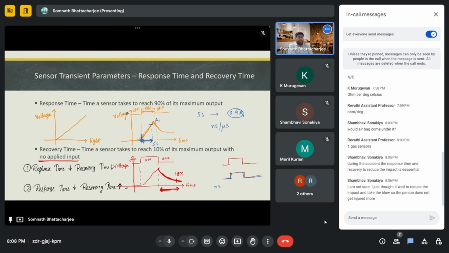Let me maybe explain this. If you are driving and there is a car nearby, you will turn on your horn. But if you are in a smart car or something, you need a sensor which can sense that and give you the response within a few seconds. If you are about to collide with that car, you will just press the horn.